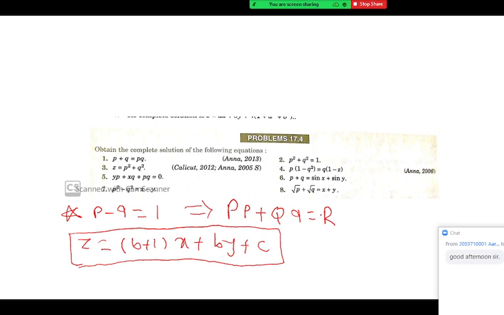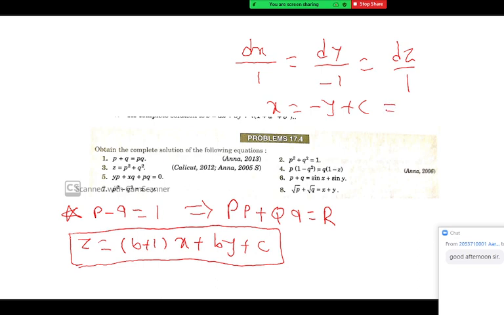So we get Lagrange's auxiliary equation as dx upon P, dy upon Q, and dz upon R. And this also gives us one solution, like from the first two ratios we get, integrating, x plus y equal to c1. Okay. Similarly, from the last two ratios we get y plus z equal to c2, something like that.